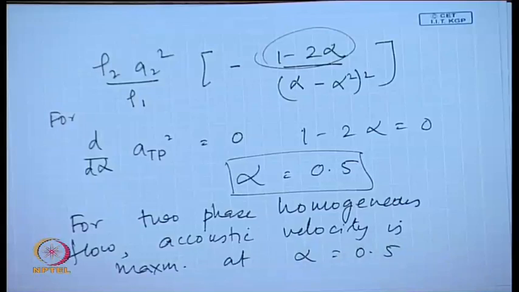So, therefore, acoustic velocity is not constant under these conditions, it is a variable and it is a function of alpha. Interestingly, we find that for 50% void fraction for air water system, remember we have made several approximations.